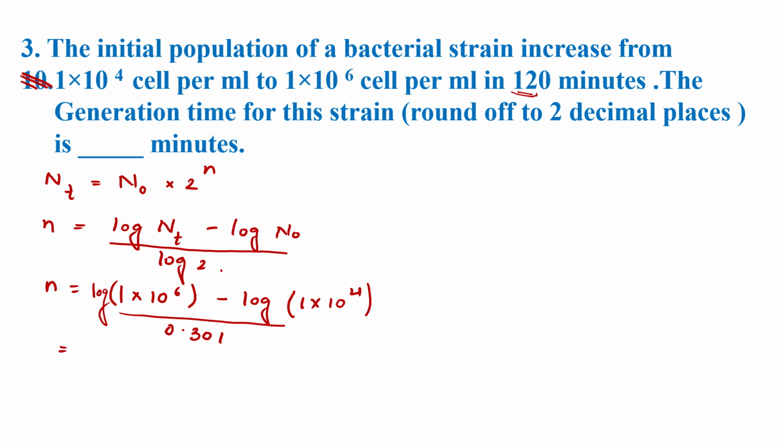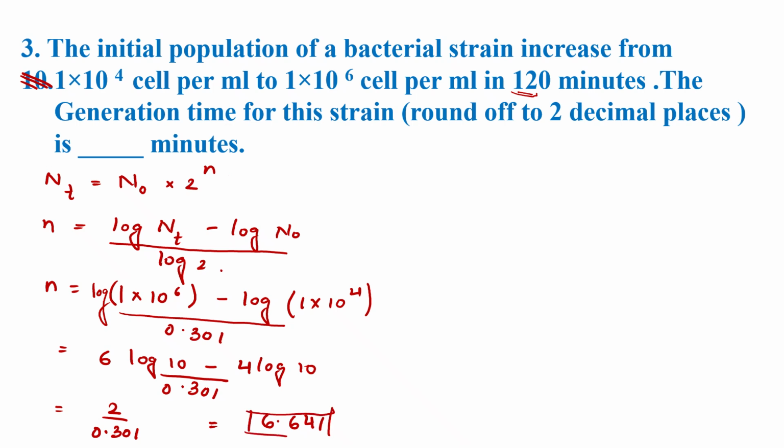So (6 log 10 − 4 log 10) / 0.301, or 6 minus 4, that is 2, and log 10 is 1. So 2 / 0.301, which is equal to 6.641. Now this is the value of n we got.